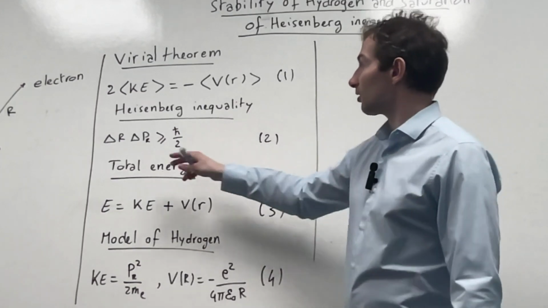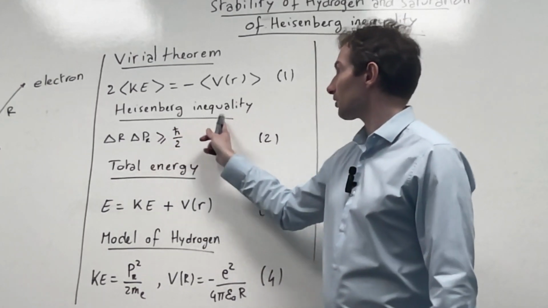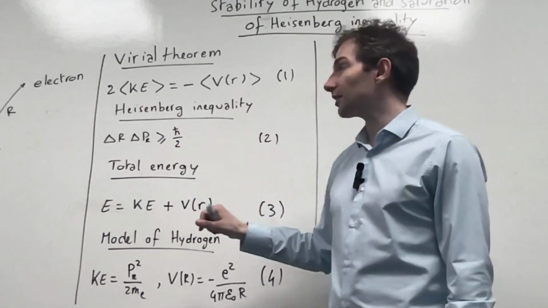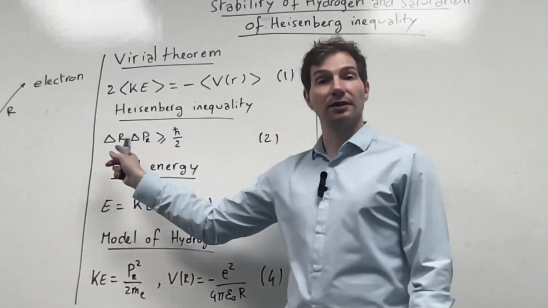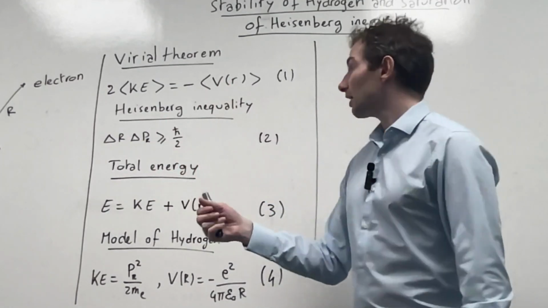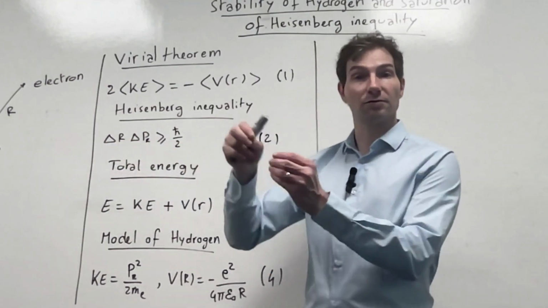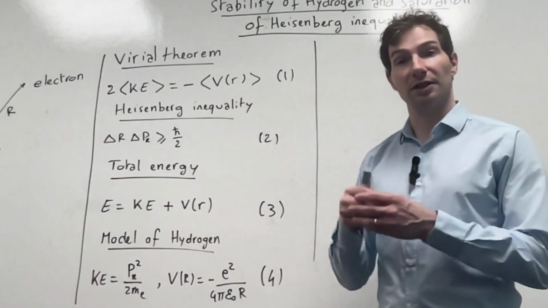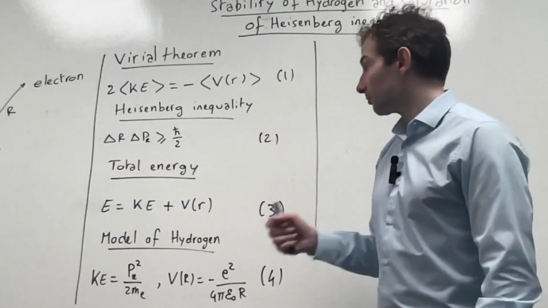And again, what I mean here is that I need to talk about saturation, which is when you get an equal sign here. I'm using a coordinate and its conjugate momentum. The coordinate here is the radial direction, and its corresponding momentum is called P_R here.